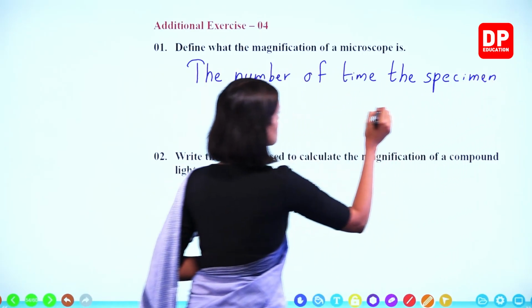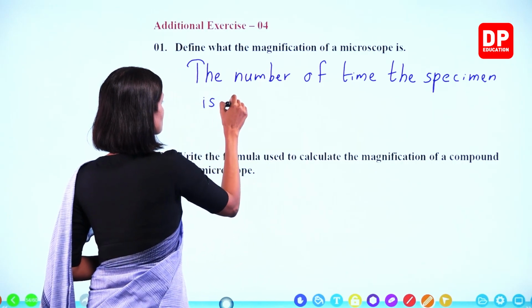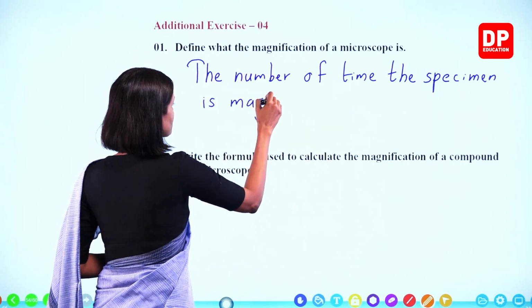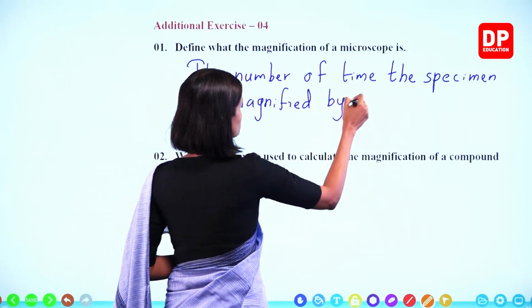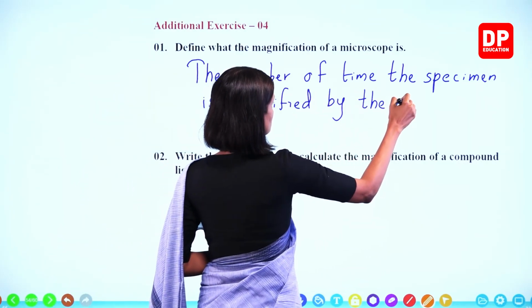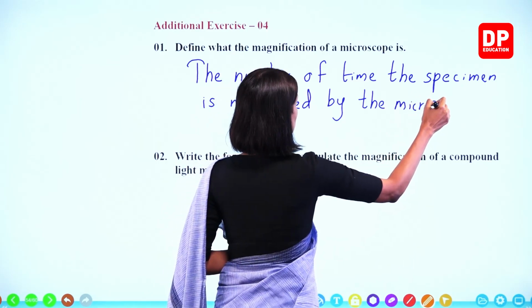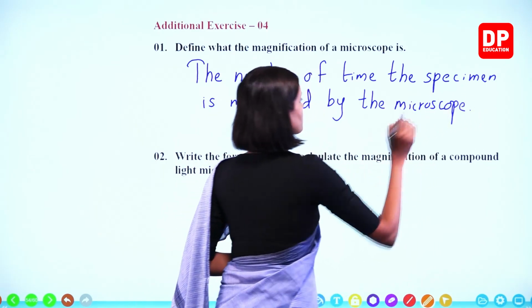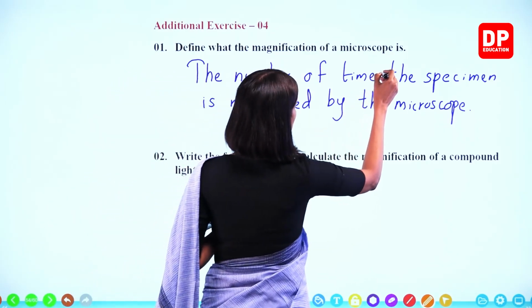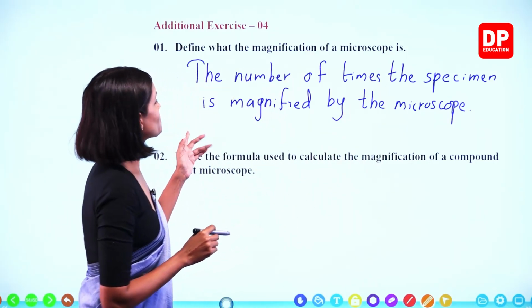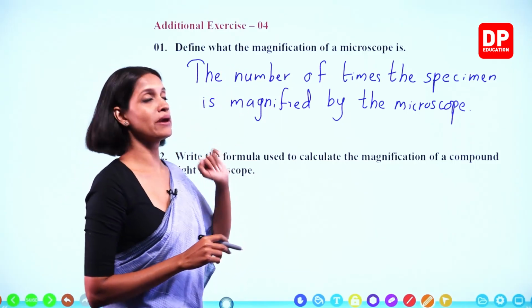The number of times the specimen is magnified by the microscope is called the magnification.